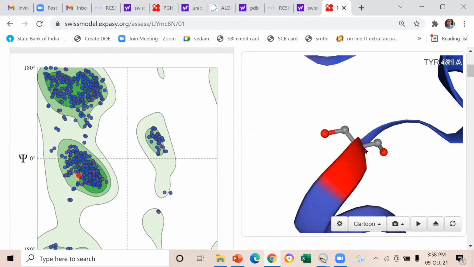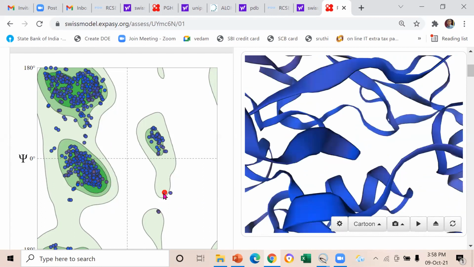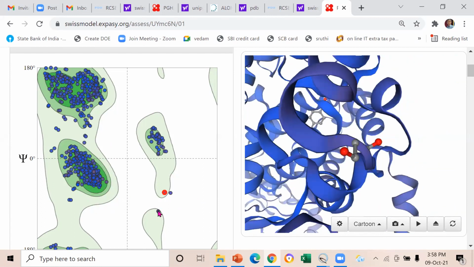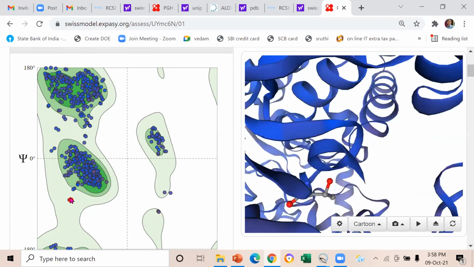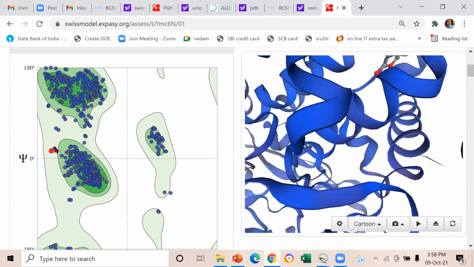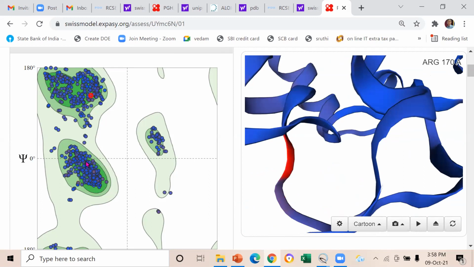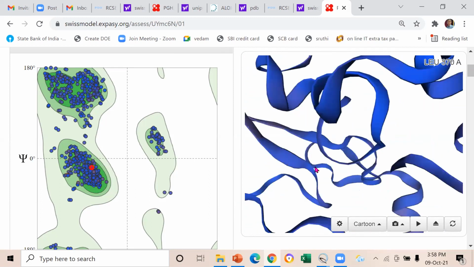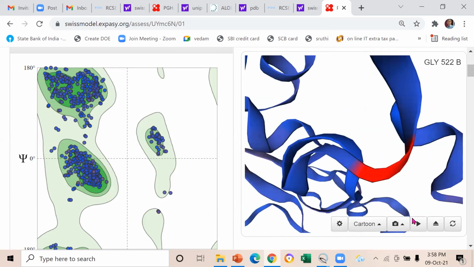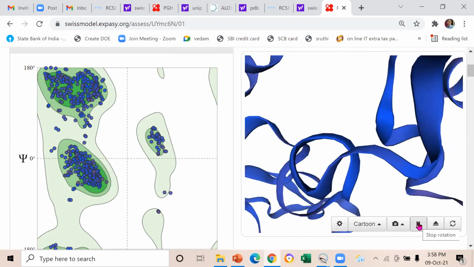Okay, so it's showing where it is not falling. So you have to check whether your protein is in the acceptable region or not.